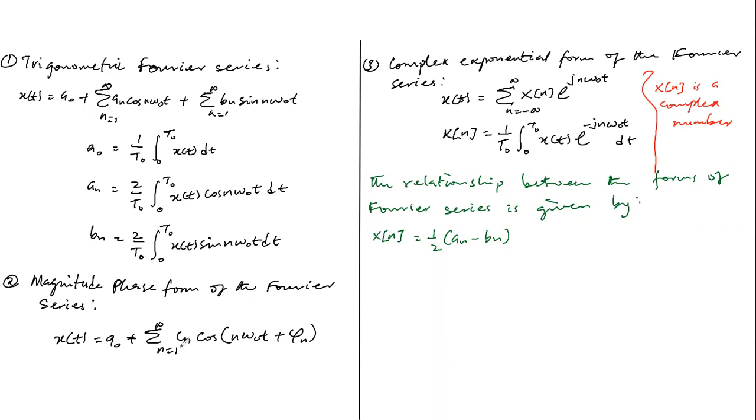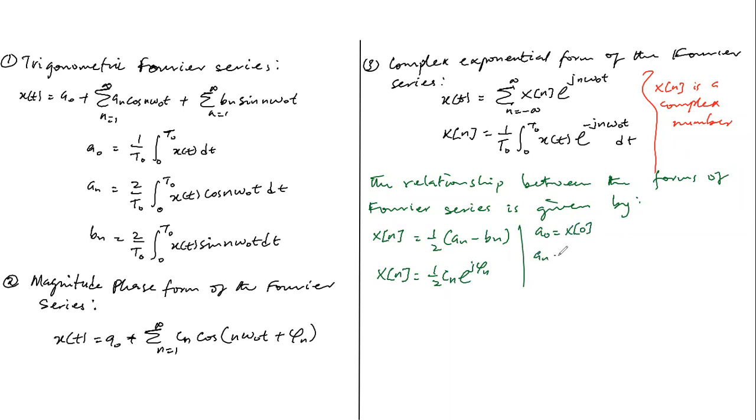And should we have the parameters from the magnitude phase form, then s of n is the same as 1 over 2 cn epsilon to the j phi n. Okay? And then also a naught is the same as s naught.